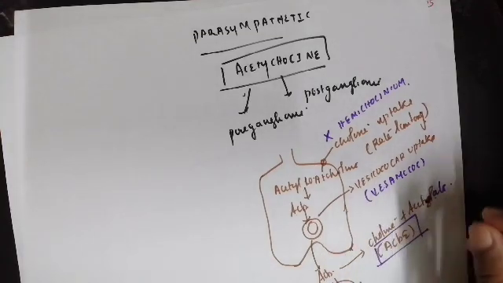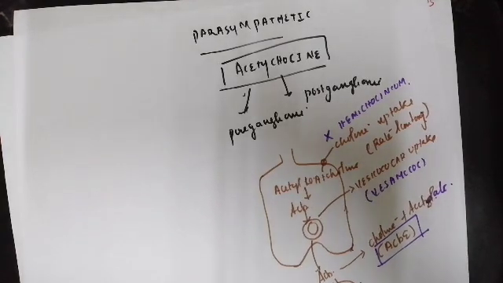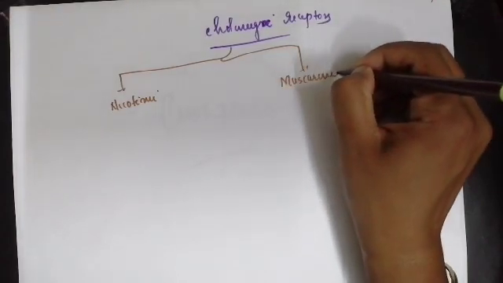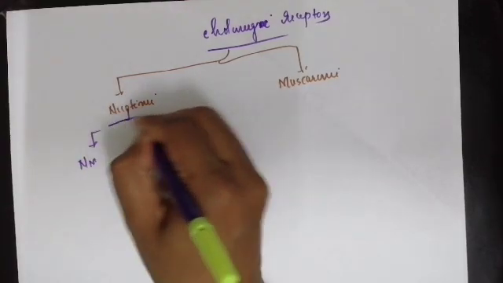So our topic is the cholinergic drugs. We should discuss the action of acetylcholine and its receptors. Cholinergic receptors can be divided into nicotinic receptors and muscarinic receptors. Nicotinic receptors are further divided into NM type and NN type.